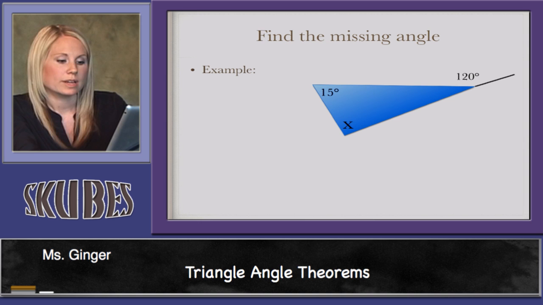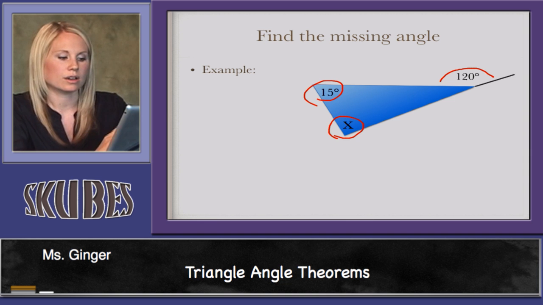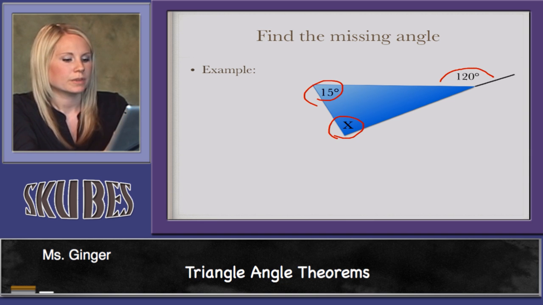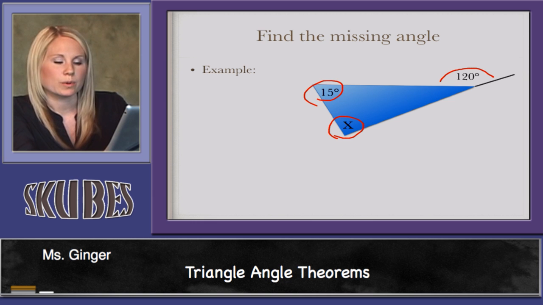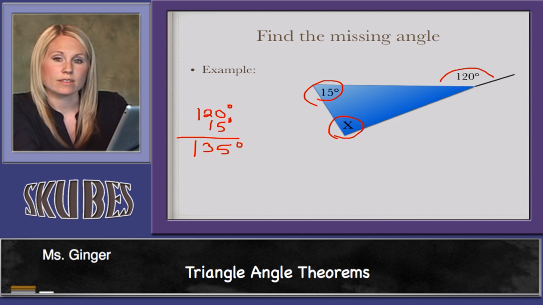So in this example, we're given that situation. We're given an exterior angle here, and then the two remote interior angles that combine with that are seen here. So if these must add up to 180, we're going to simply find the sum of the two that we have, 120 degrees and 15 degrees, to give us 135, and then see what the difference is to make up for the rest being 180.